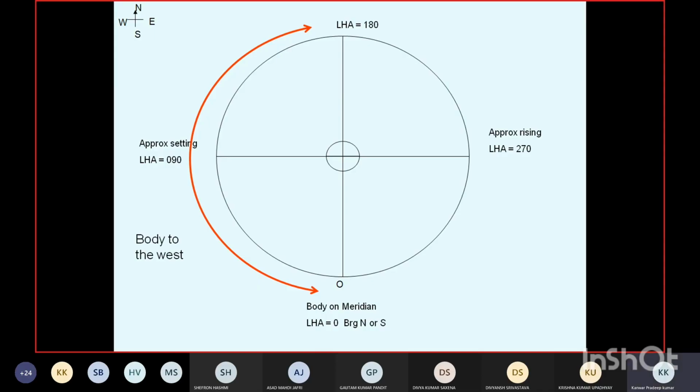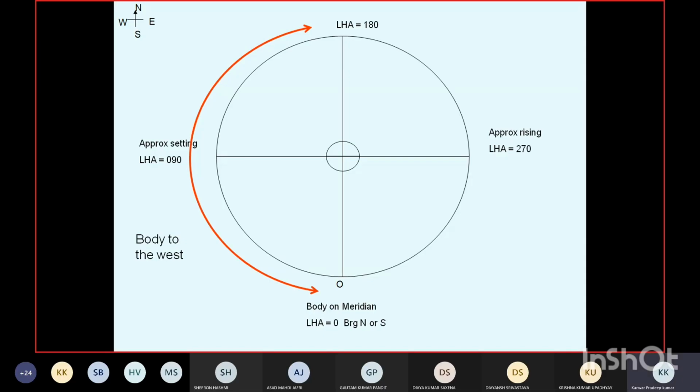If the LHA of a body is between 0 and 180 degrees, it means the body is lying to the west of the observer. I am not saying it is lying in the western longitude.